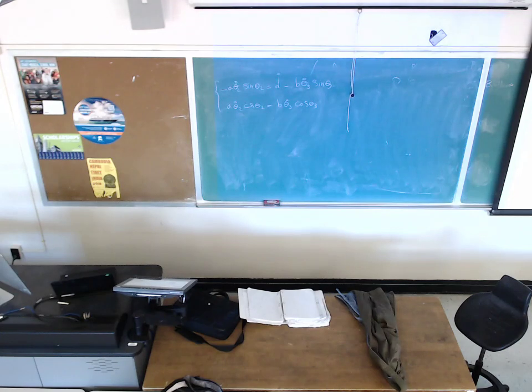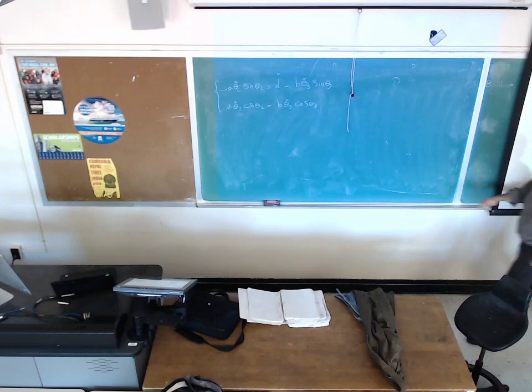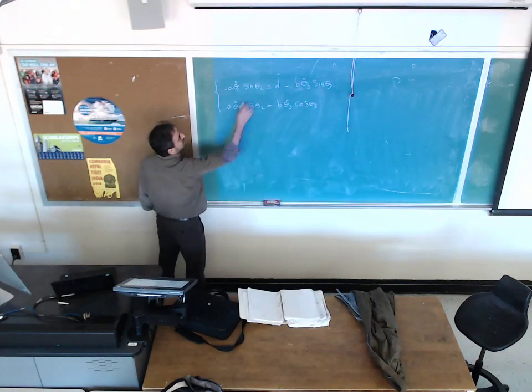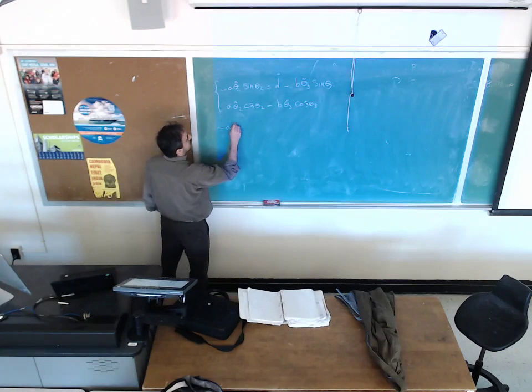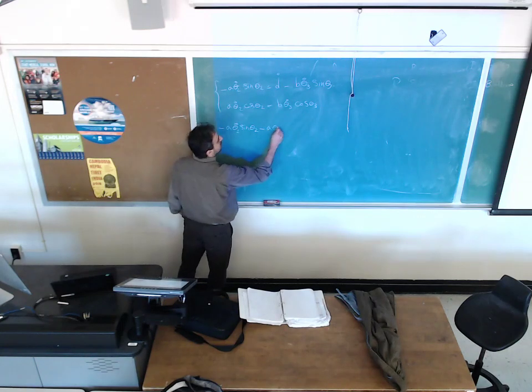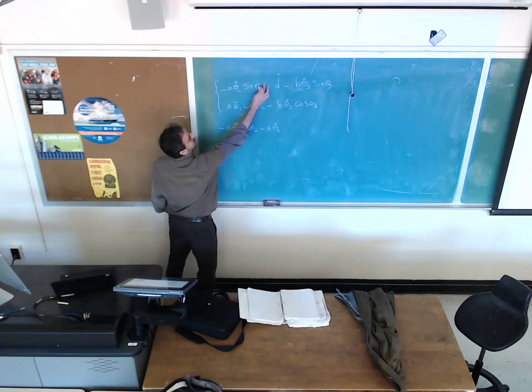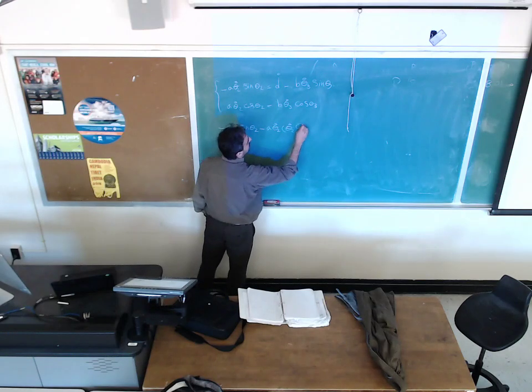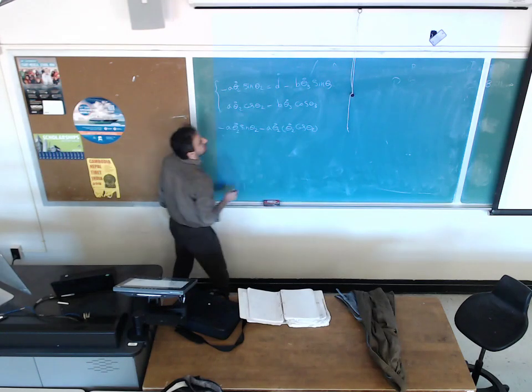A is constant, derivative of angular velocity is going to be angular acceleration. Derivative of this times this: negative A theta double dot 2 sine of theta 2, negative A theta dot 2, derivative of this with respect to time, theta dot 2 cosine of theta 2.